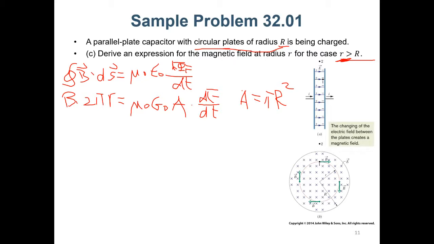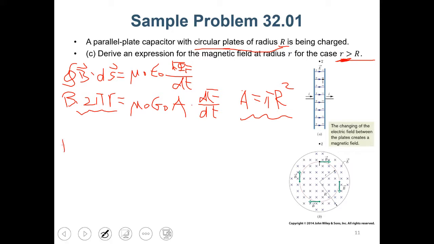So the surface integral only counts this area. But for the line integral, you need to consider the small r.